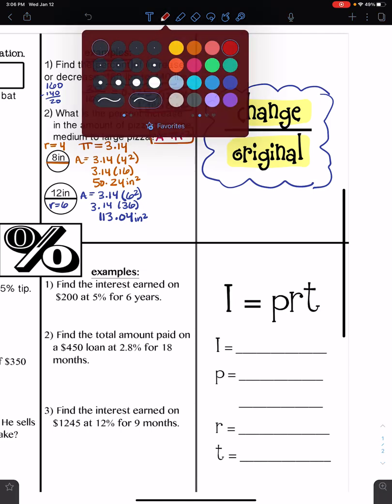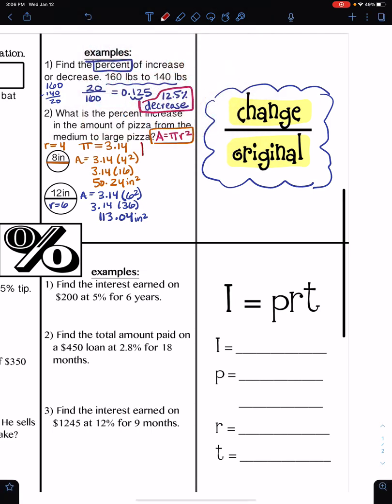So let's go back. We're always going back to revisit what we're trying to find. What's the question? The question says, what is the percent of increase? So I'm going to put how much it changed. So I'm going to subtract, that was the Chihuahua who bumped me. We're going to subtract how much pizza you get in the large and how much pizza you get in the medium.